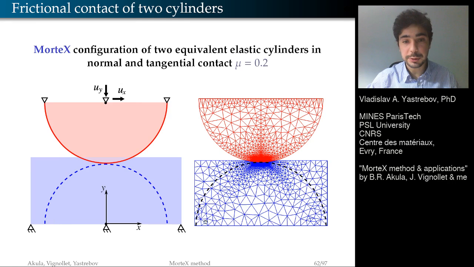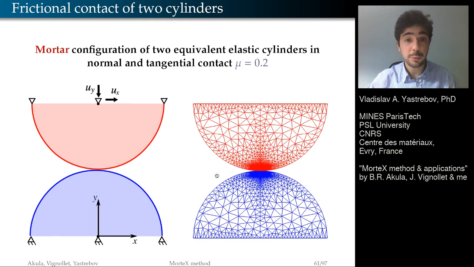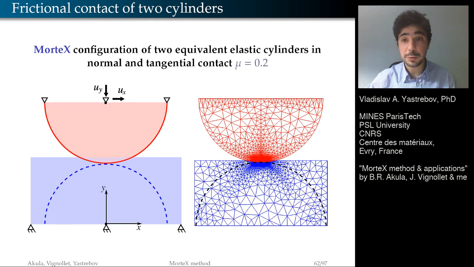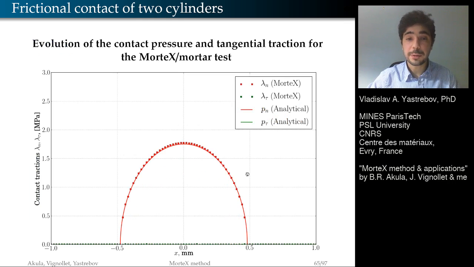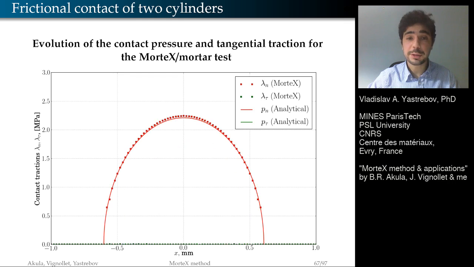So here is the embedded surface which cuts the second cylinder from this bulk mesh. The results are exactly the same for these two approaches, Mortar and MorteX. I will show you only MorteX because the points are superposed. And here is the contact pressure evolution for increasing vertical force.